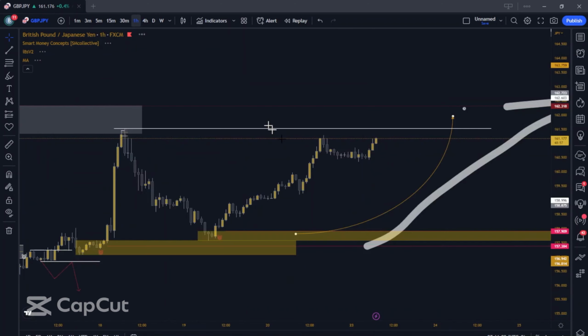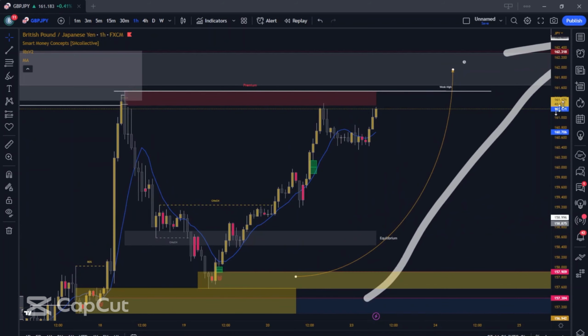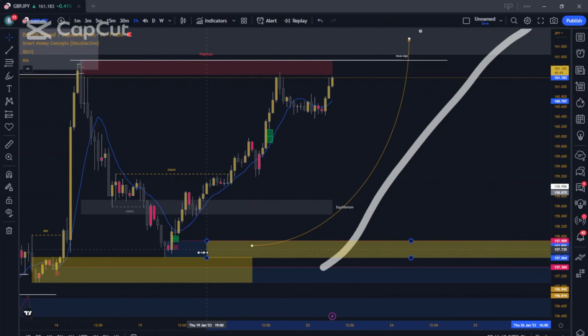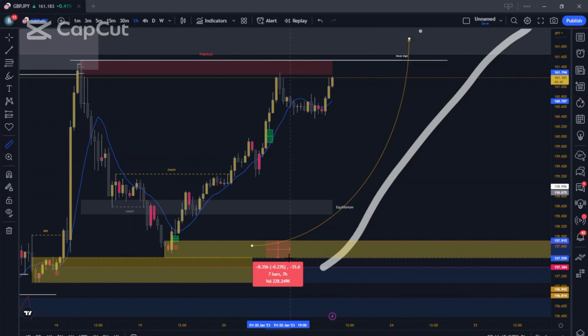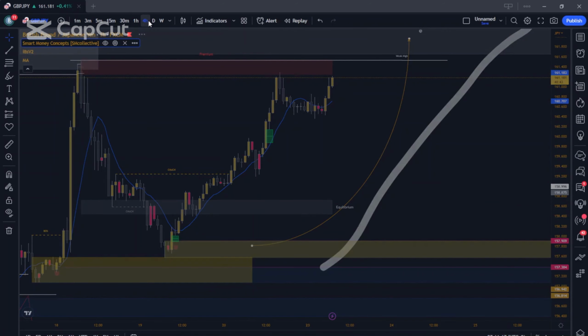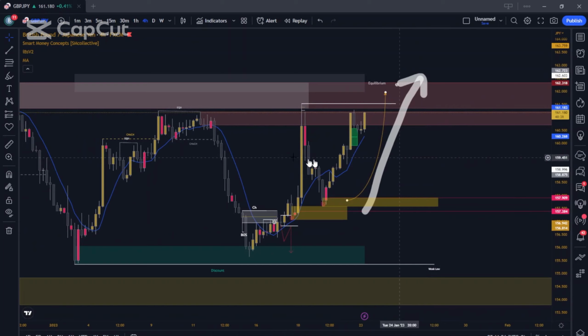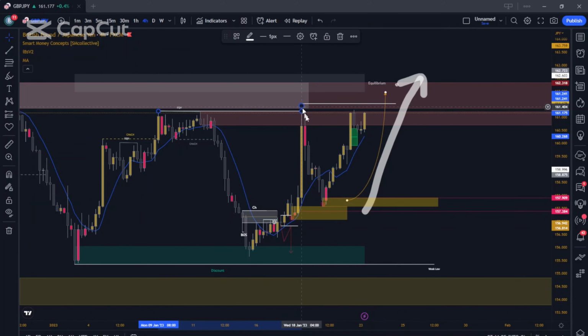Let's go on the 1-hour. Yeah, that's exactly it. The indicator spat out this small little zone, and that's exactly what we're going to be using. It's going to be following the demand chain, because we have taken out this high here and liquidated it.